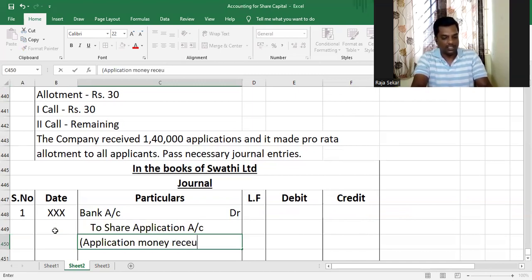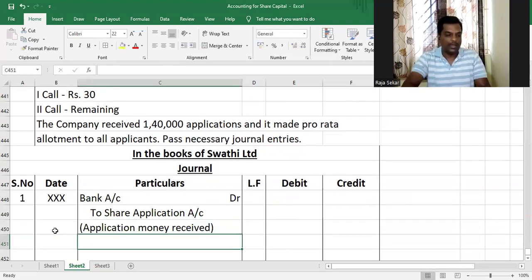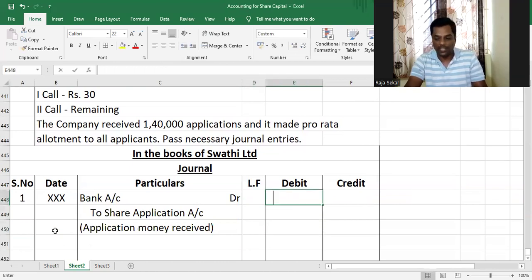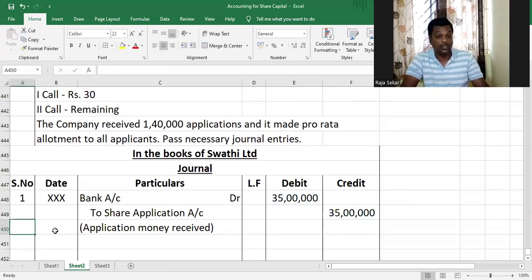Application money received. And how much would that be, my dear children? It is the total number of applications received by the company multiplied by the application money per share, and it happens to be 1,40,000 and 25 in this question. So it is 1,40,000 into 25, which is 35 lakhs.